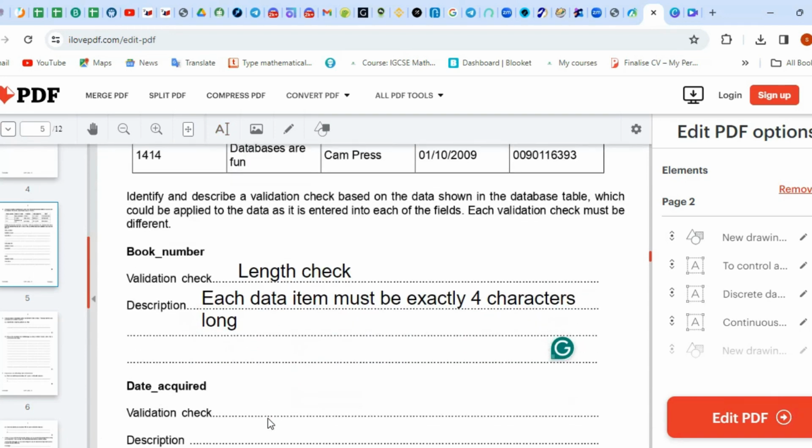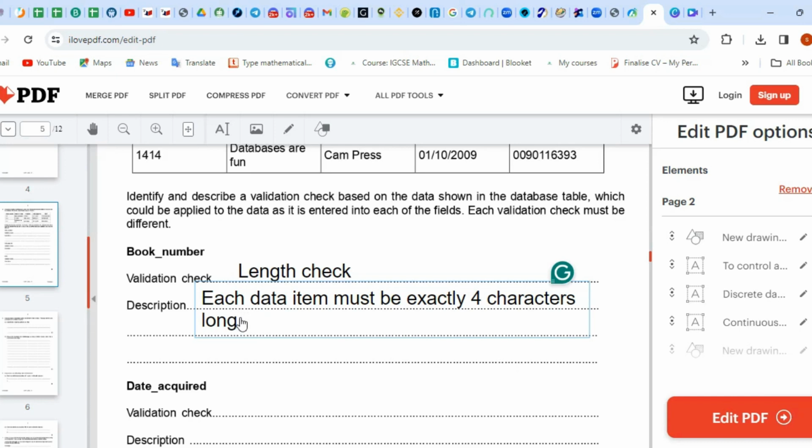Then we have date acquired. For date acquired, what's the validation check? Under book number, you can still have character check, range check or presence check. It depends on what you want to have here, and they also have their descriptions. For character check, each data item must be an integer.